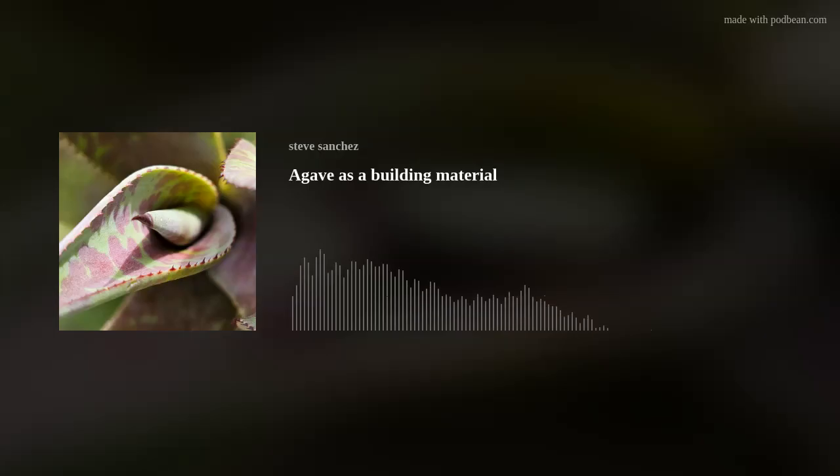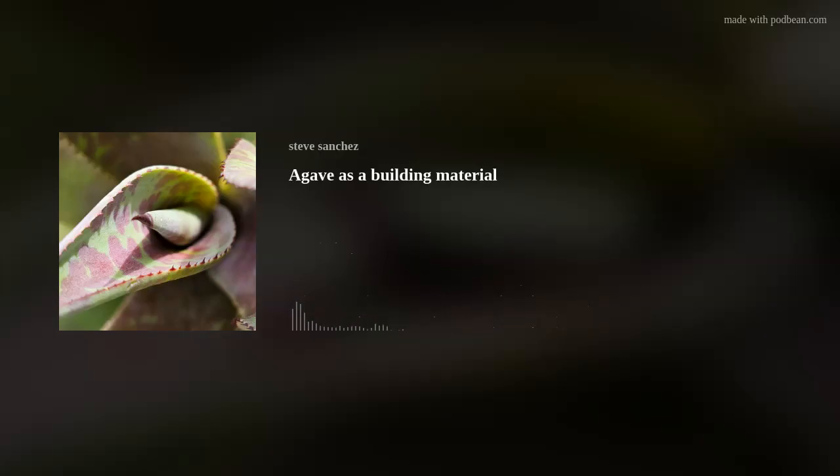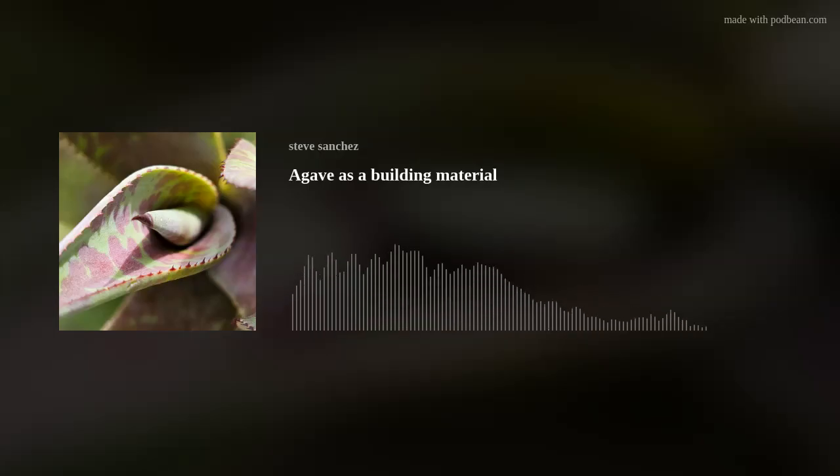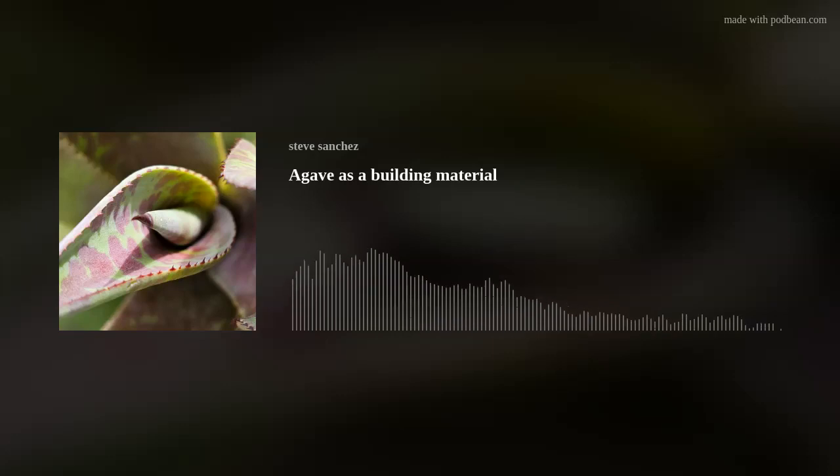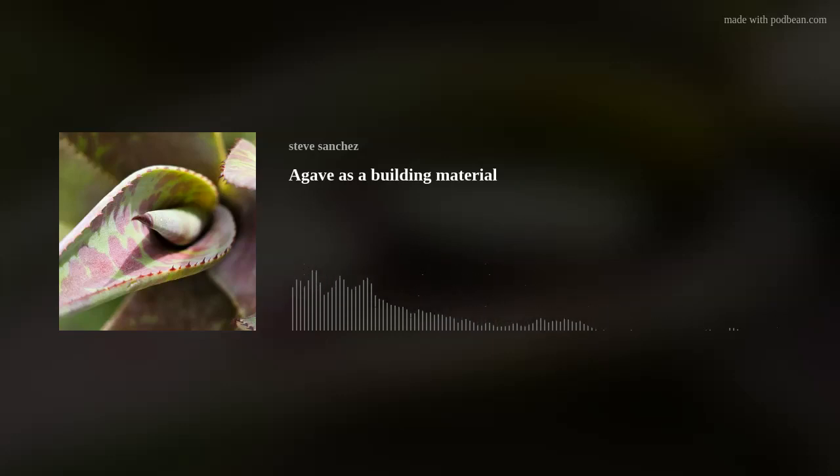framing. So, for instance, I'll utilize an agave stalk to keep a tree straight or a columnar cactus, and tie it to the stalk. And then I'll also utilize these stalks to prop up shade structures.